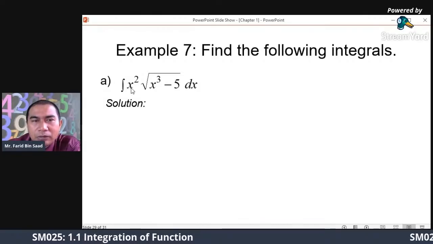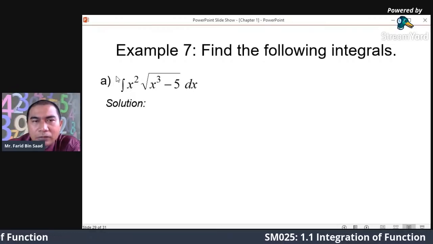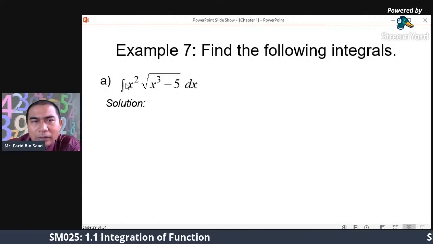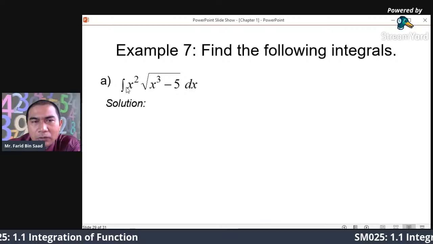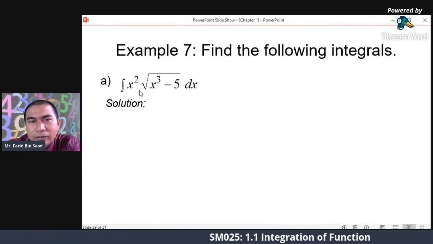So that means we have to put 3, and then don't forget to multiply with 1 over 3. If we only put x power of 2 in the front, there is no 3, that means we already changed the question.